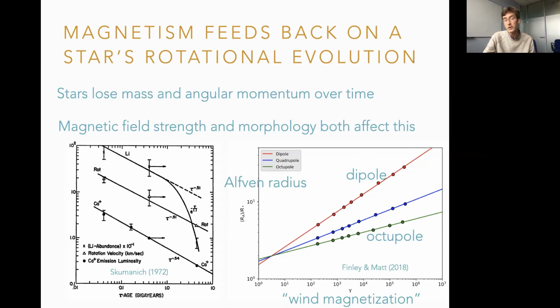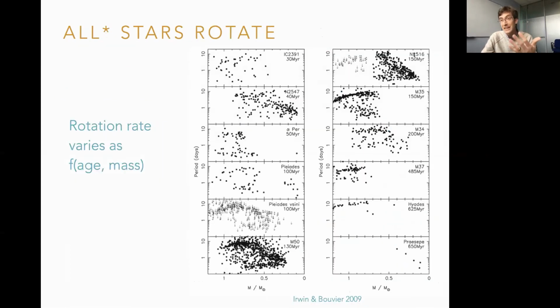So there's a whole industry that tries to understand this. You see that spin down dependence, if you like, if you go looking at rotation data for stars of different ages and masses and all the rest of it. So if you look at young clusters, for example, as a function of stellar mass, you see a whole mess of rotation periods, some very fast, some very slow.